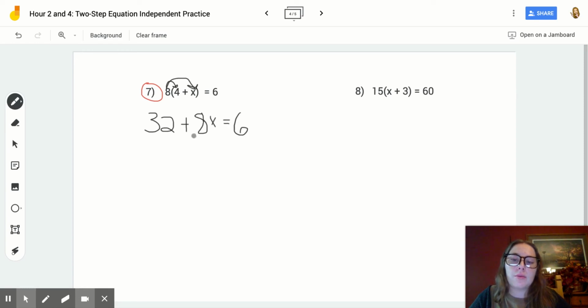All right, now we go ahead and solve just like we normally would. So we have to undo addition or subtraction first. So in this case, this is a plus 8x, but 8 and x are being multiplied together, so we're going to hold off on that for now. And we're going to subtract this 32 because it's a positive 32.